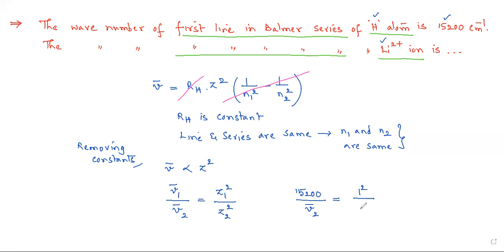In case of lithium plus 2, it is 3 square. Is that okay? Now nu bar 2 is equal to 15,200 into 9. So this comes out to be 136,800 per centimeter. Okay.